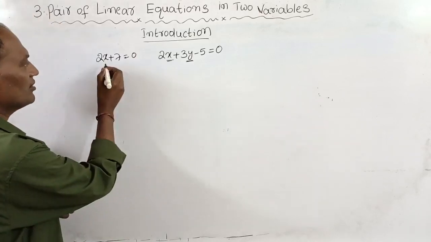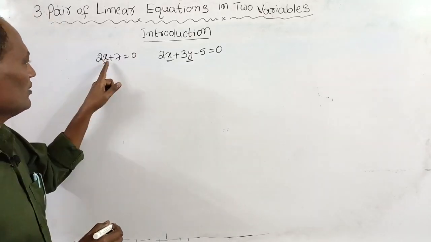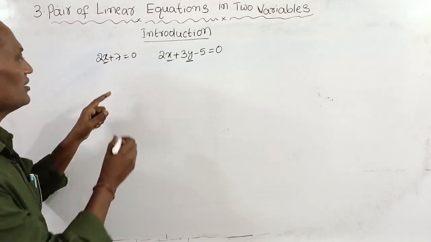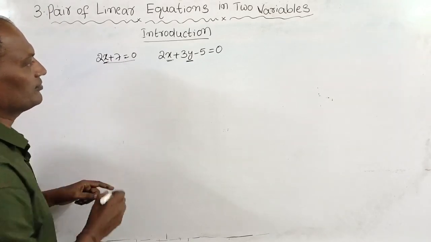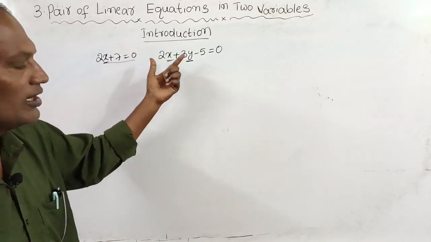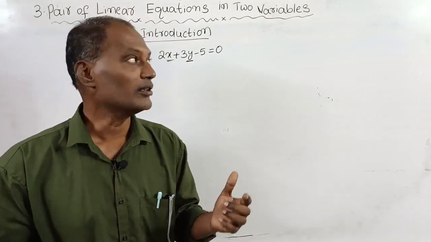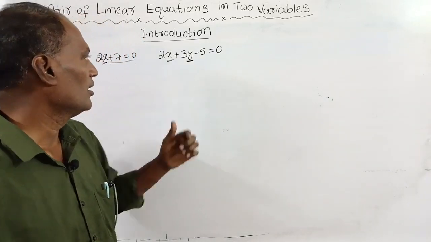In the other equation, there is only one variable, so this is called a one variable equation. These are the differences between one variable and two variables.